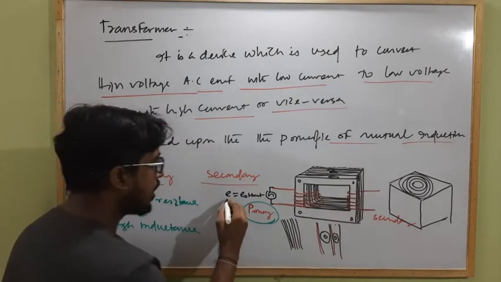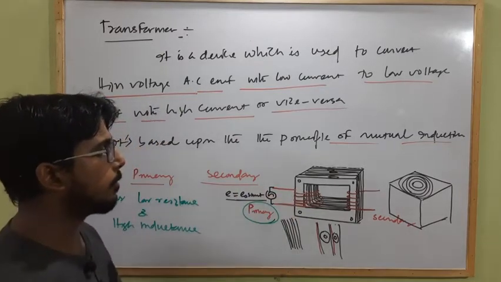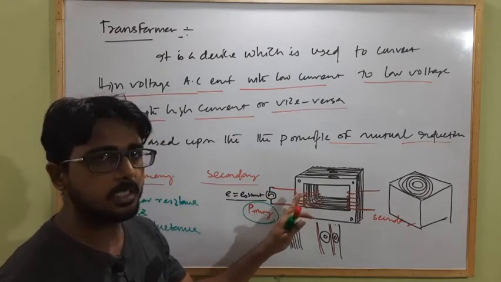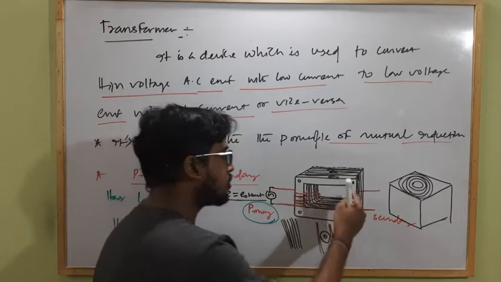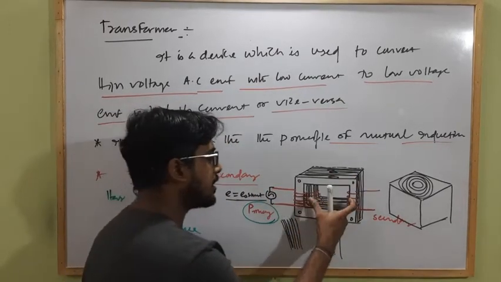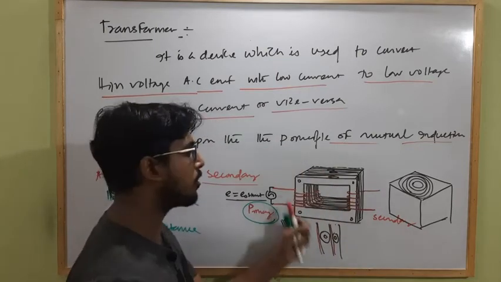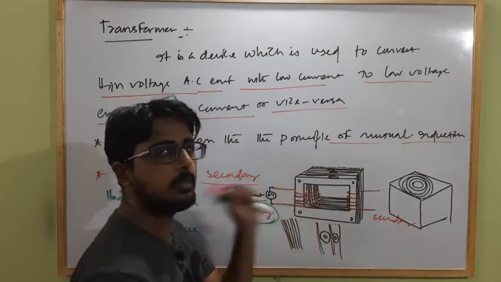Clear? So when we connect an AC source with the primary coil, the magnetic field produced by the primary coil changes with respect to time. As a result, the flux linked with the secondary coil also changes, and as I already told, these are very closely wound, so the flux leakage will be negligible.